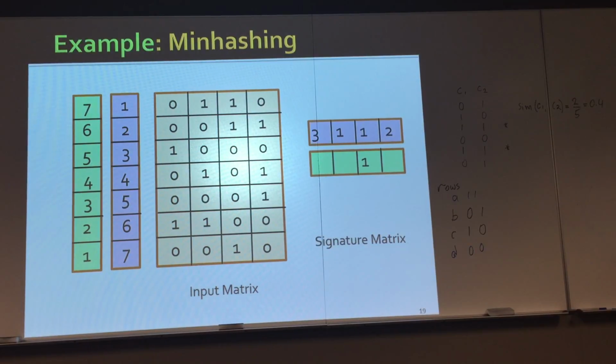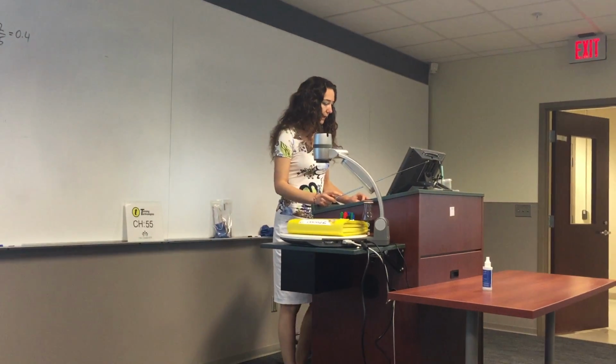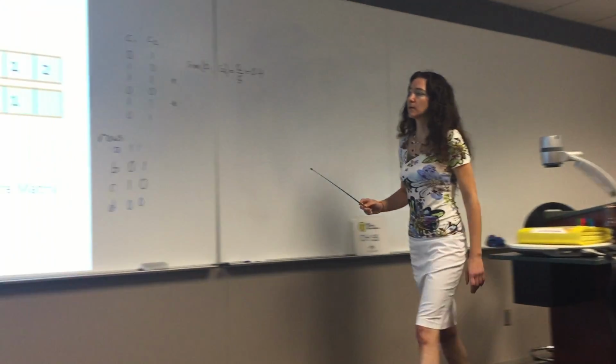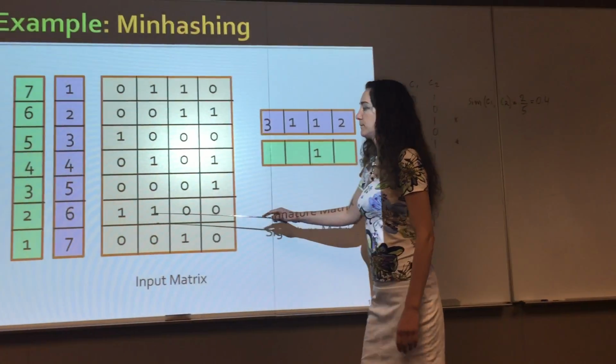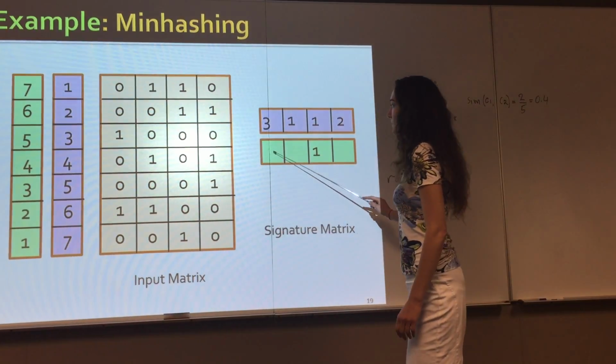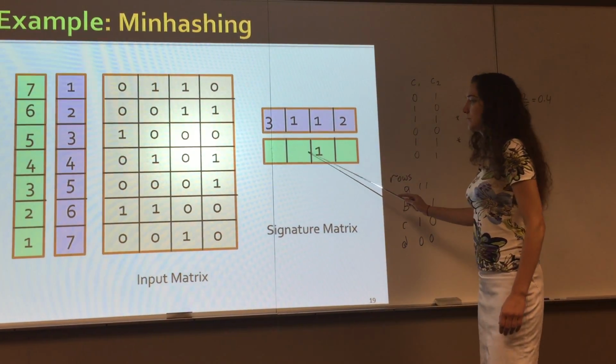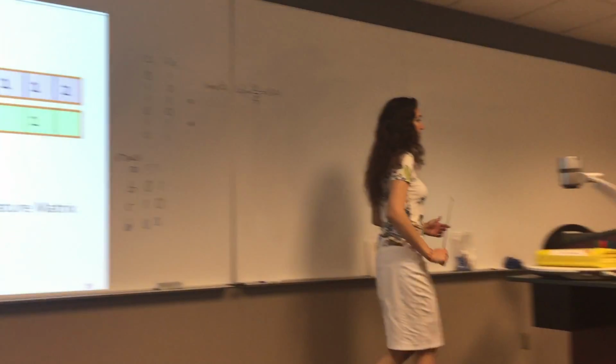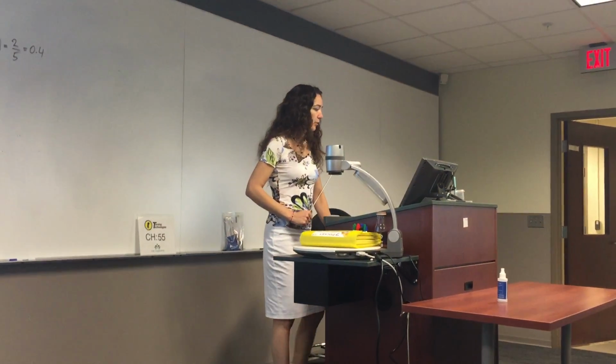Next we go to the second row and look for the ones. There are 2 ones here, so we will place the number 2 here, indicating the second row.